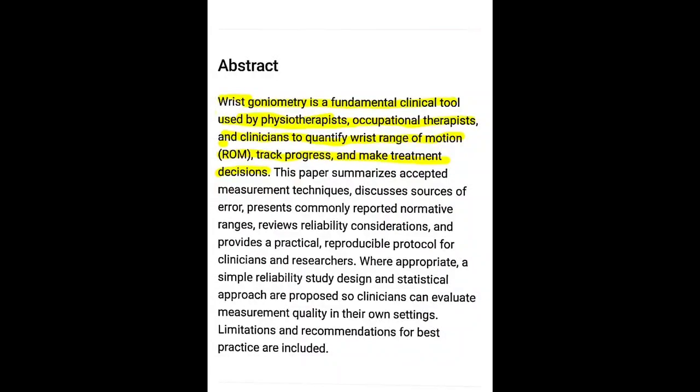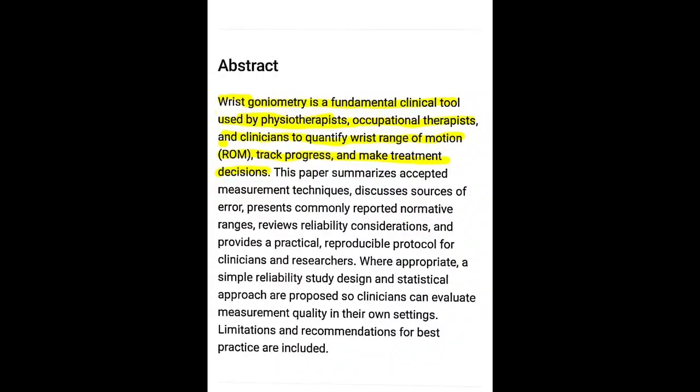These are my research papers on radial and ulnar deviation. Wrist goniometry is a fundamental clinical tool used by physiotherapists, occupational therapists, and clinicians to quantify wrist range of motion, track progress, and make treatment decisions.